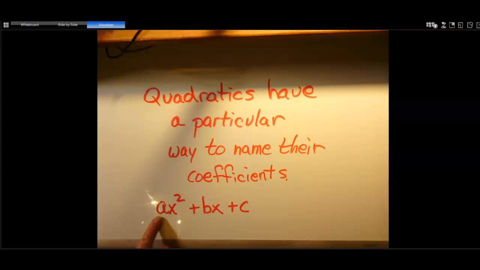A is always the coefficient associated with the squared term. B is always the coefficient associated with the linear term. And C is the constant, and stands for constant.